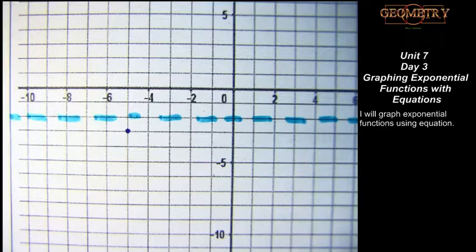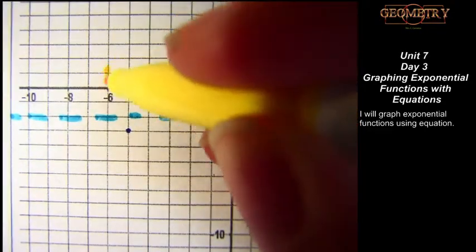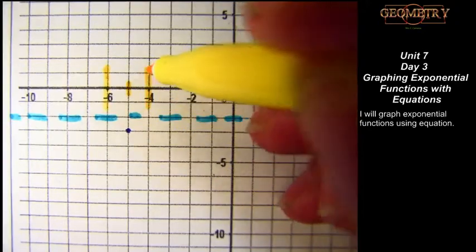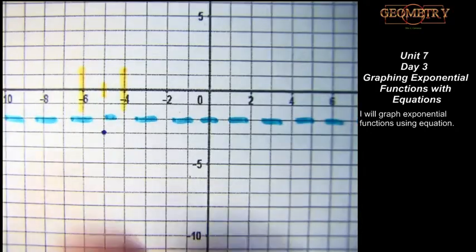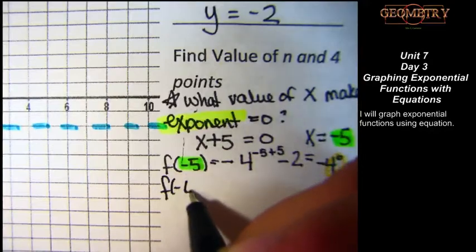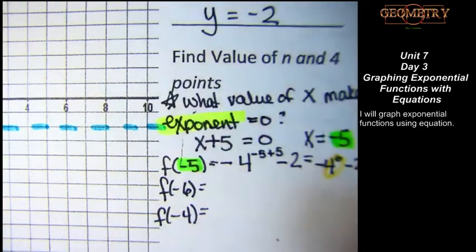And so from here, if I pick one point on either side of this x equals minus 5, then it'll tell me which way that swoop is happening. Okay? So I'm going to calculate both of those points just to see where it's going. So I'm going to grab -6 and -4.